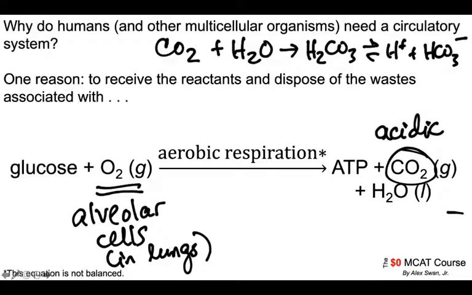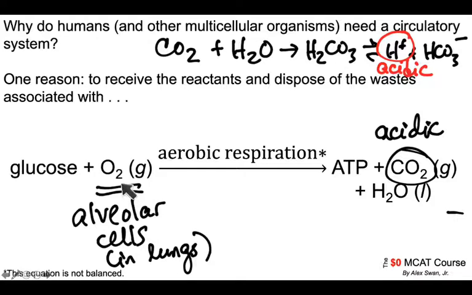And obviously, anything that will dissociate into a proton and a conjugate base is an acid, right? So CO2 isn't all that great for our bodies either, but how are we going to remove it? So we have a conundrum here.